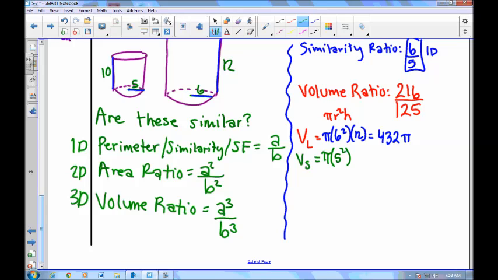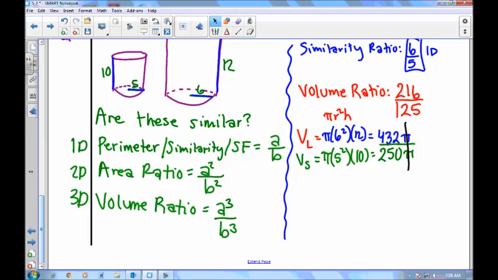And Louisa, what's the height? 10. Okay, 5 squared is 25 times 10. Does anyone know that without a calculator? 250. Good job. And we'll put pi. 250 pi. What happens to the pi's? Pi's cancel.